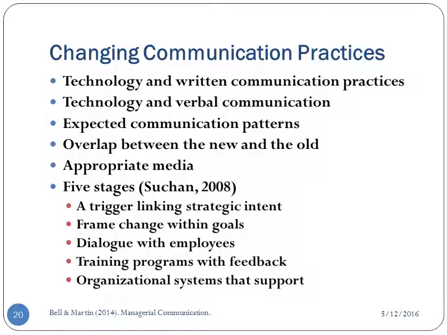Suchin has put this into 5 stages. There's a trigger that links the strategic intent. And what you have to do is find that trigger within the people who actually have to implement that strategic change. You have to put it within goals that they see are important. They have to see a reason for changing.